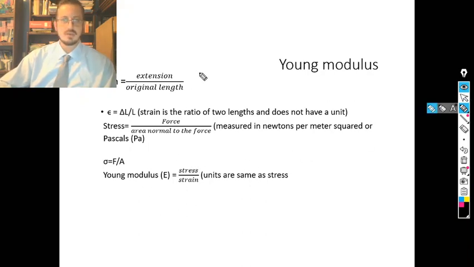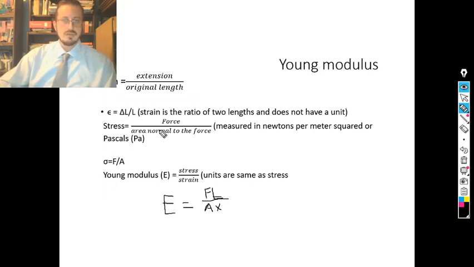Sometimes we'll see this equation for Young modulus, E would equal force times the original length over the area times the extension.